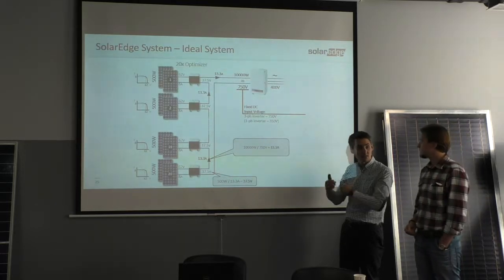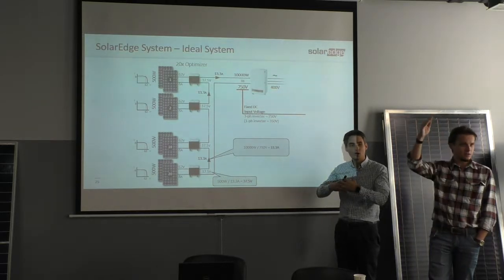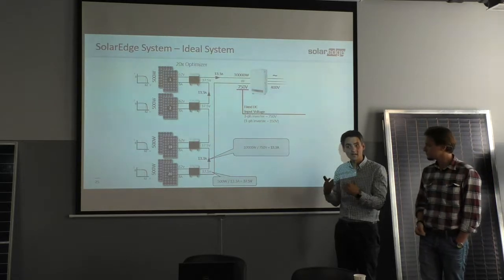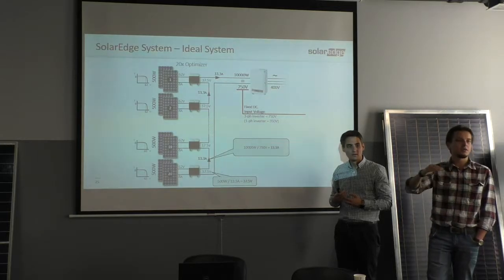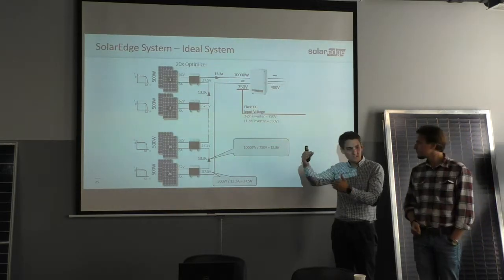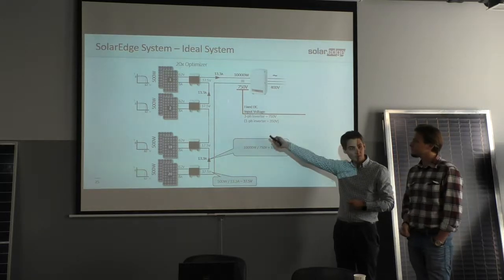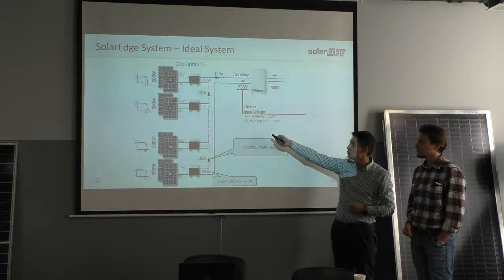Someone asked me if it's a step-up or step-down converter. In the case of one phase, optimizers work as a step-up converter, because we had only 10 optimizers. But in case we have more optimizers, it works as a step-down converter, so changing 62 to 37.